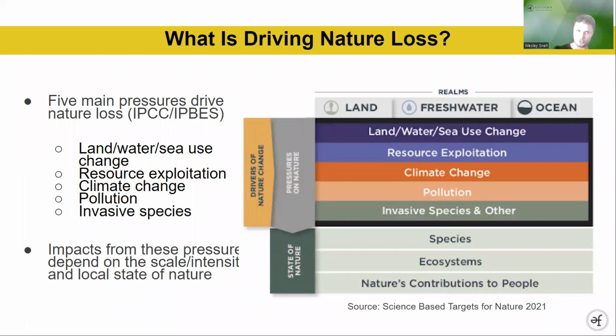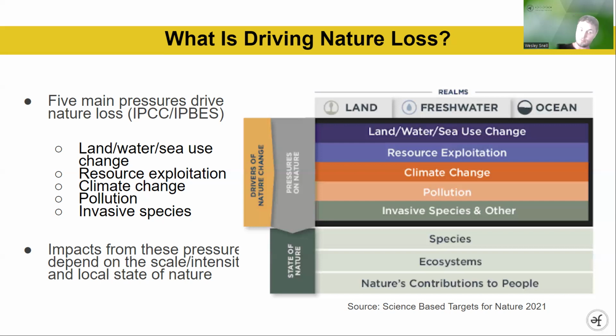What is driving this nature loss? If you look at IPCC, which handles climate change, and IPBES, which is the Intergovernmental Panel on Biodiversity and Ecosystem Services, let's say the biodiversity and ecosystem services equivalent of the IPCC, they've identified 5 main pressures on nature loss: land, water, or sea use change, resource exploitation, climate change, again, it's important, pollution, and invasive species and other types of impacts.